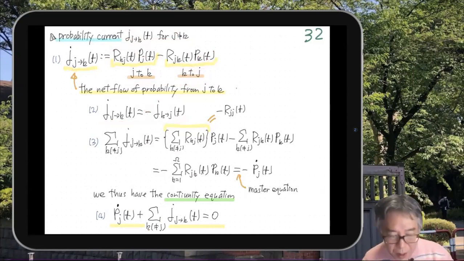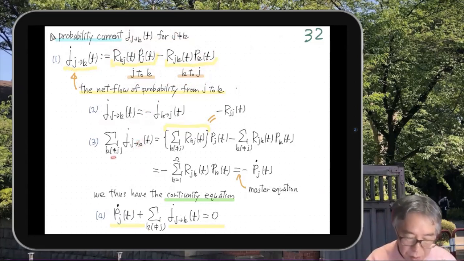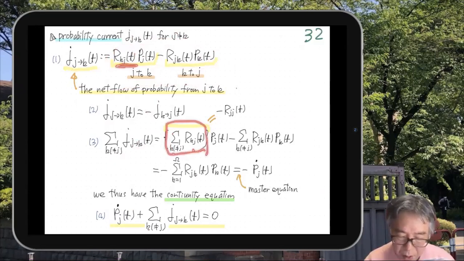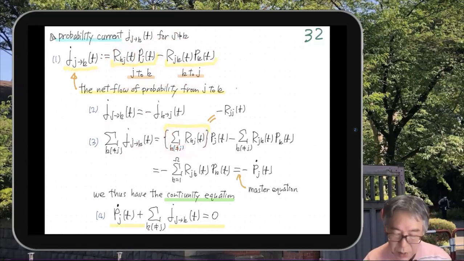Now let's see what happens if you sum over this index k. Of course, k cannot be j. You just go back to the definition and sum. As for the first term, k is contained only here, so you just sum over all k which is not j. But this is almost the definition of the transition rate.